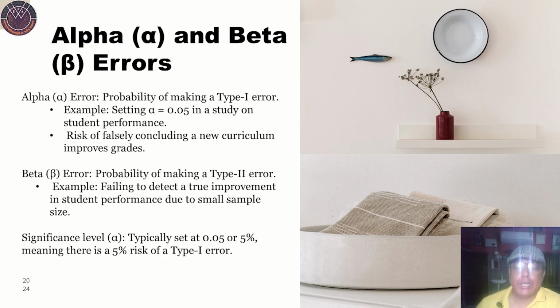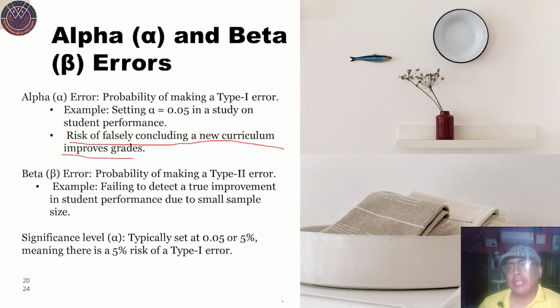In that way also you can understand. It is the risk of falsely concluding a new curriculum improves grades. Suppose a new curriculum is there and you make a null hypothesis that this new curriculum is the same as the old curriculum. Then by conducting a particular test or some attitude scale, you get the statistics, and you compare that with the table value.